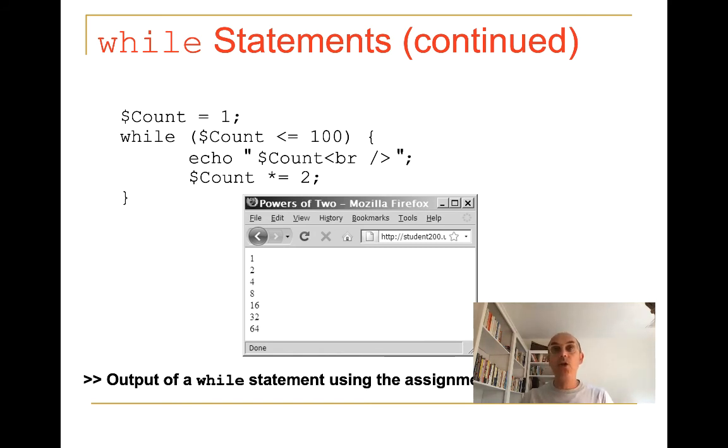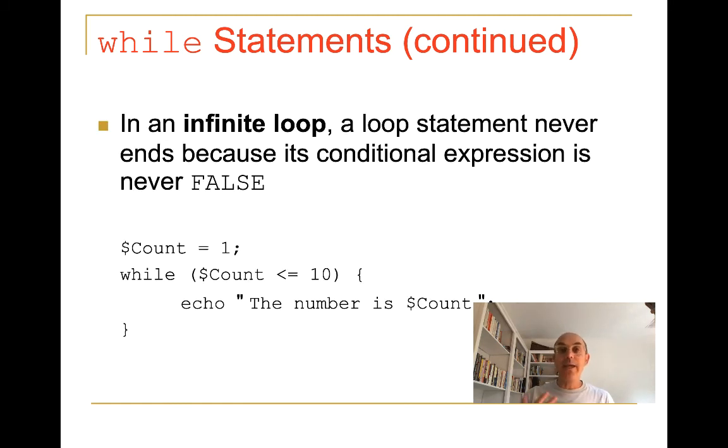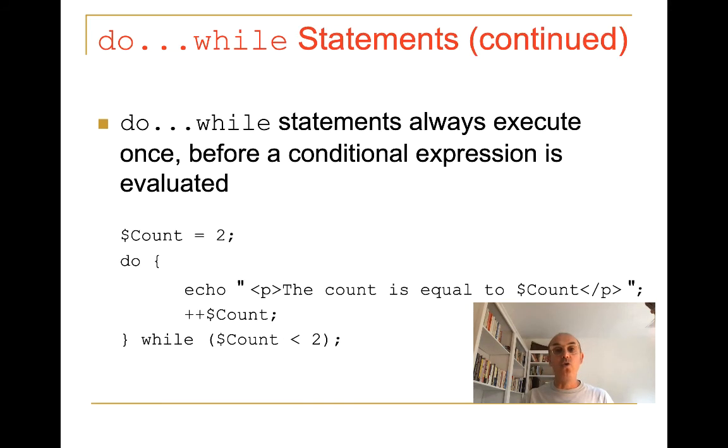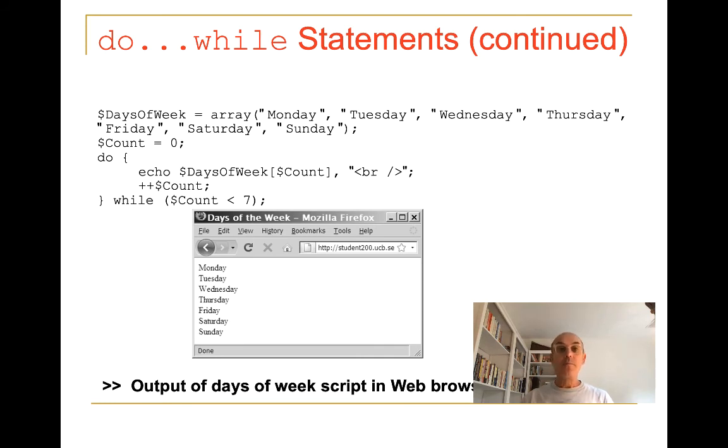I hope that you will understand how the structure goes, and we can also use the infinite loop, which is a statement that never ends because its condition expression never becomes false. So if you look at that condition, you can do a while statement in order for you to execute it.